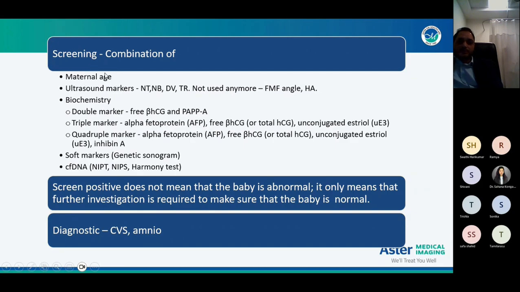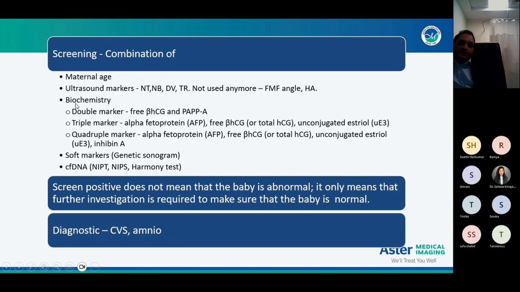So only those who have intermediate to high risk are subjected to invasive testing, and the invasive test can be avoided in those with low risk.